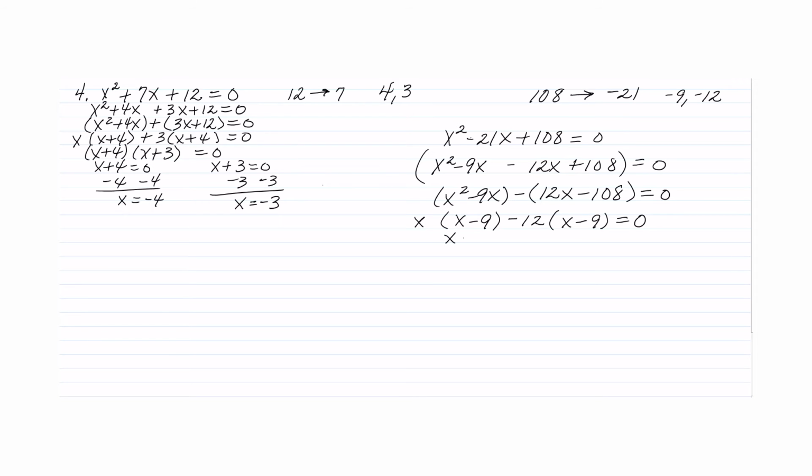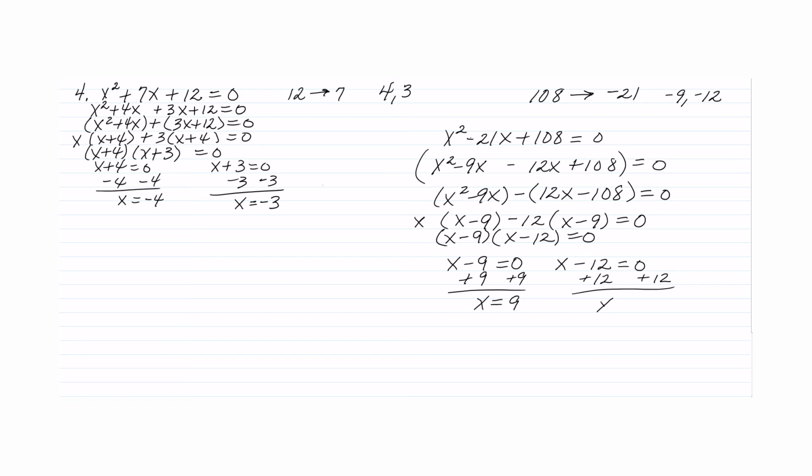Pull out the common factor of x minus 9, and we're left with x minus 12. Set each one of those factors equal to 0. Add 9 to both sides, and we see that x equals 9. And when we add 12 to both sides, we're going to see that x equals 12.